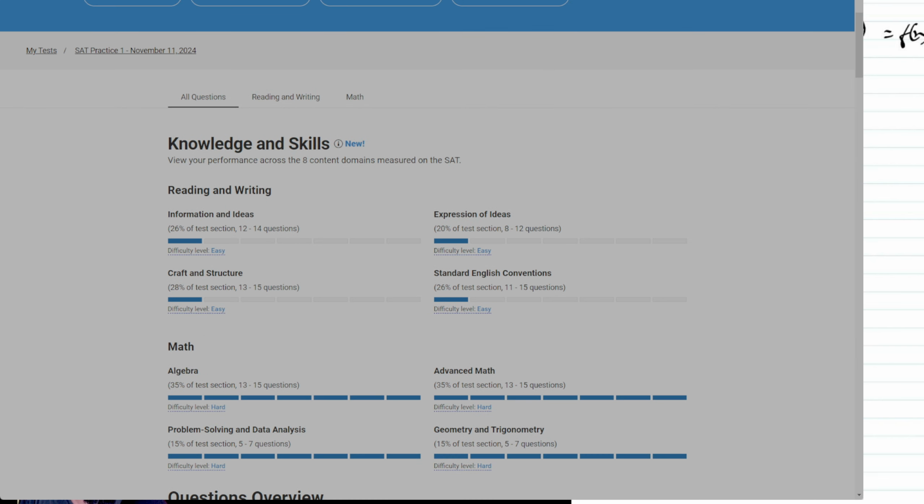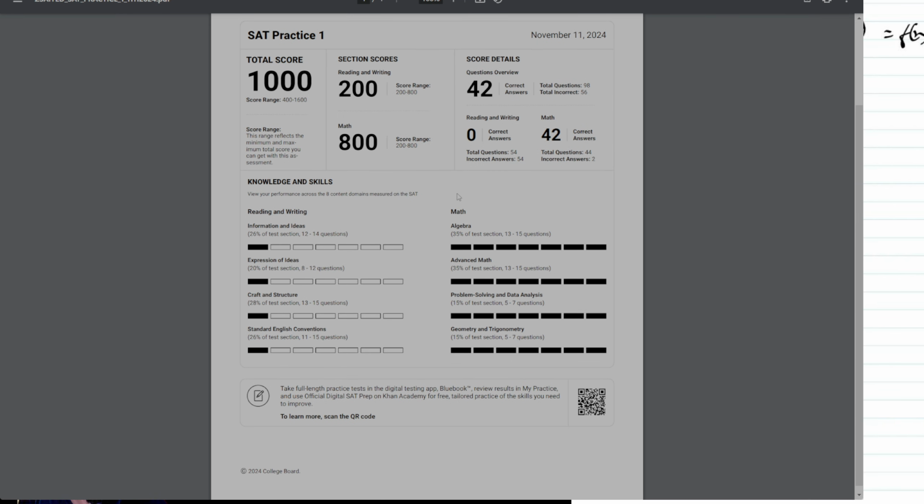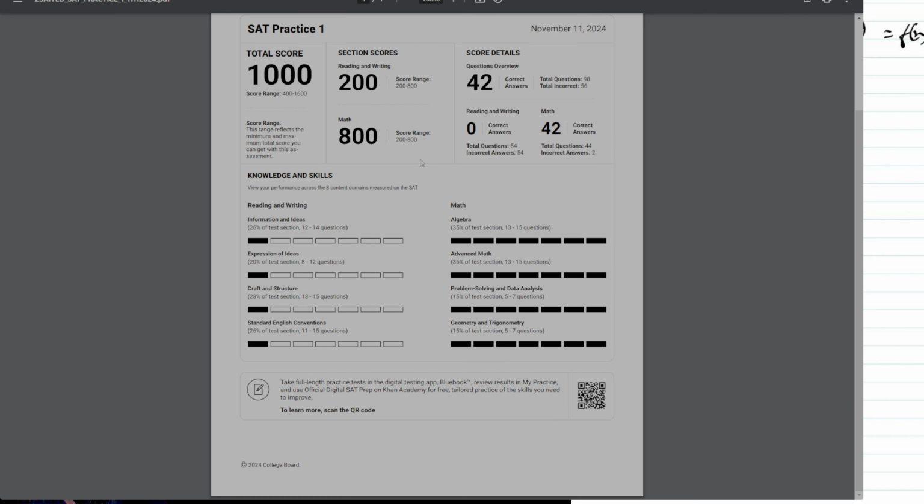Okay, I downloaded the score report. Let's see. It says math is 800. Wow, so we got 800 out of 800 here. Yeah, so that's pretty good. We missed two because we ran out of time because of all the explanations, but for all of the other problems, we got all of those correct.